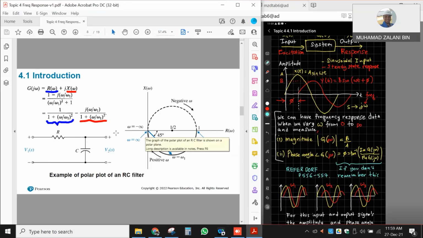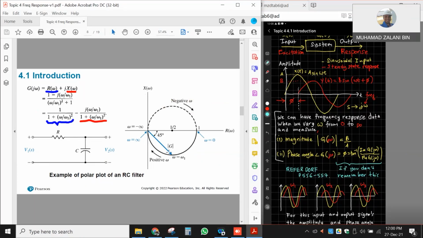You will see that as we vary the frequency from 0 to infinity, for this particular function there is a real part and an imaginary part. The real part represents the resistive component, and the imaginary part represents the capacitive component. The locus, or the frequency response plot in terms of polar plot, changes as we vary omega from 0 to infinity.